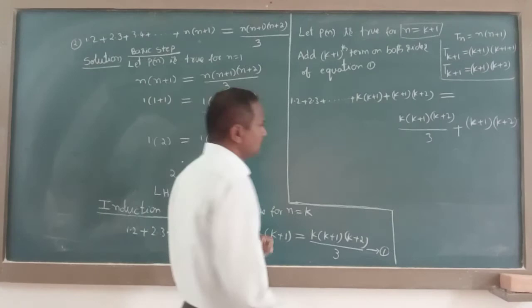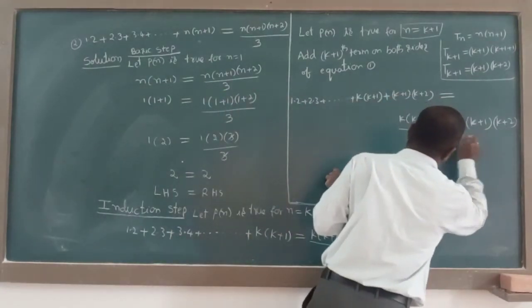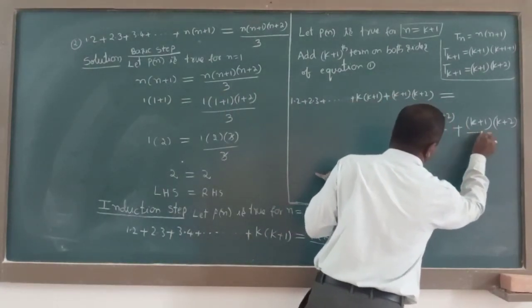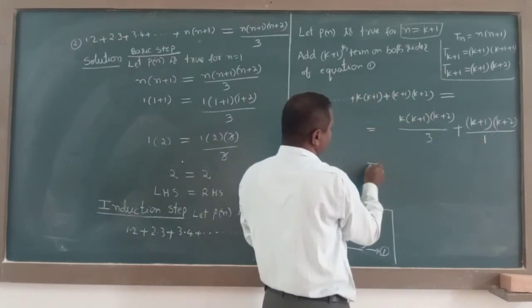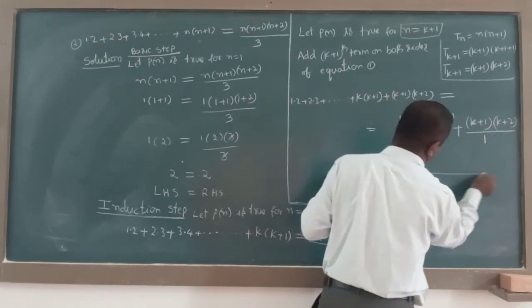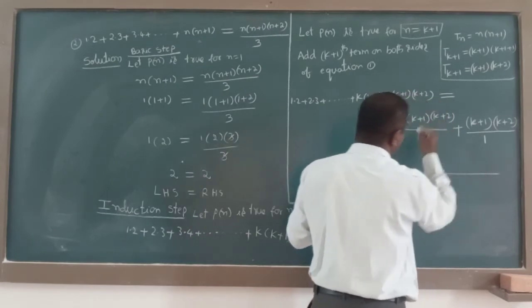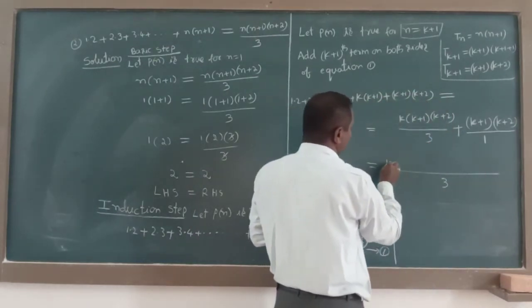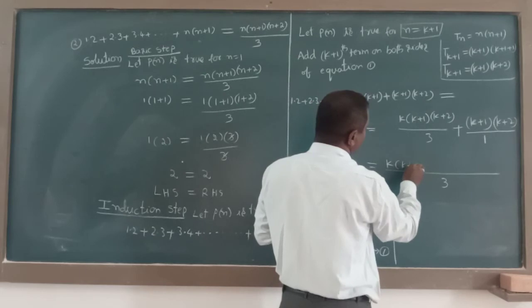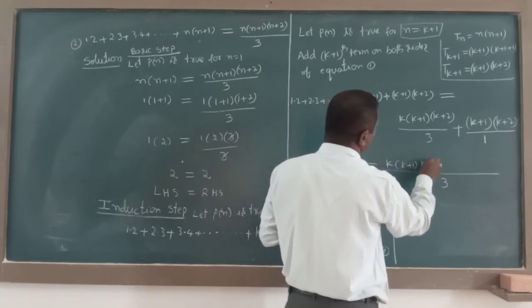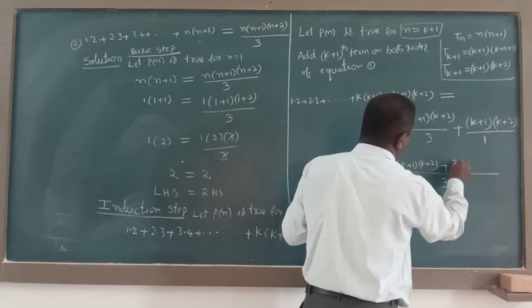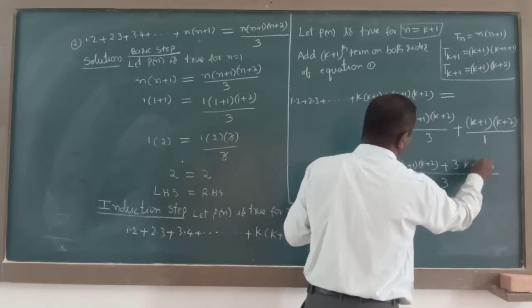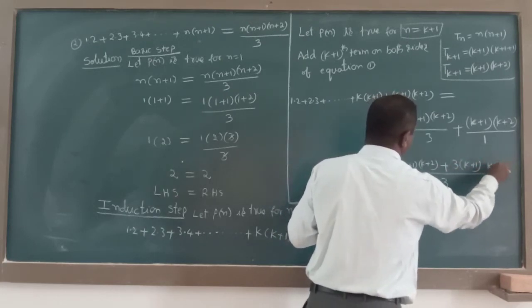The LCM: the second term has no denominator, we just consider it as 1. The LCM for these two fractions is 3. Now take cross multiplication: k into k plus 1 into k plus 2 plus 3 into k plus 1 into k plus 2.